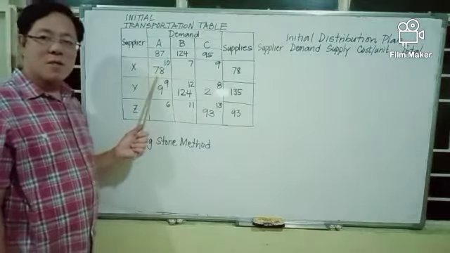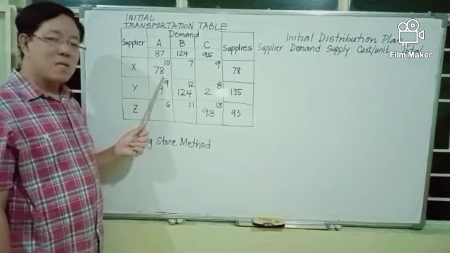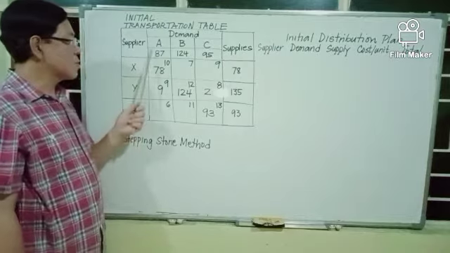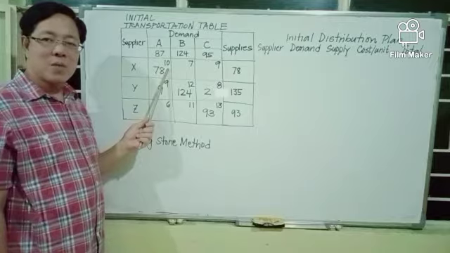You only consider the occupied cell. 78 means that we supply 78 units from supplier X to customer A at a cost of 10 pesos per unit.